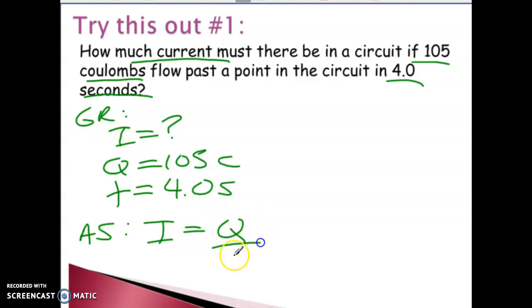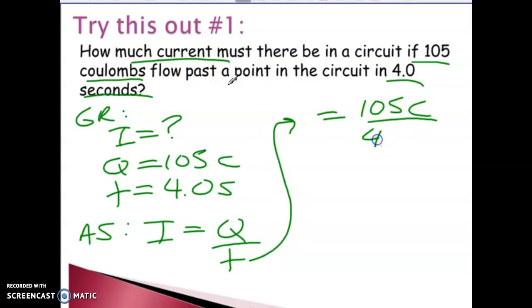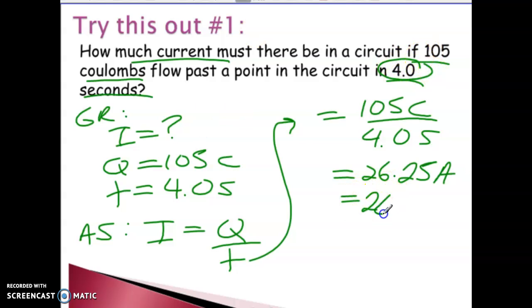So current is equal to Q over T. We can plug that in: 105 C over 4.0 seconds. 105 divided by 4.0 is equal to 26.25 amps. And then there should be 2 significant digits here. So this should just be 26 amps.